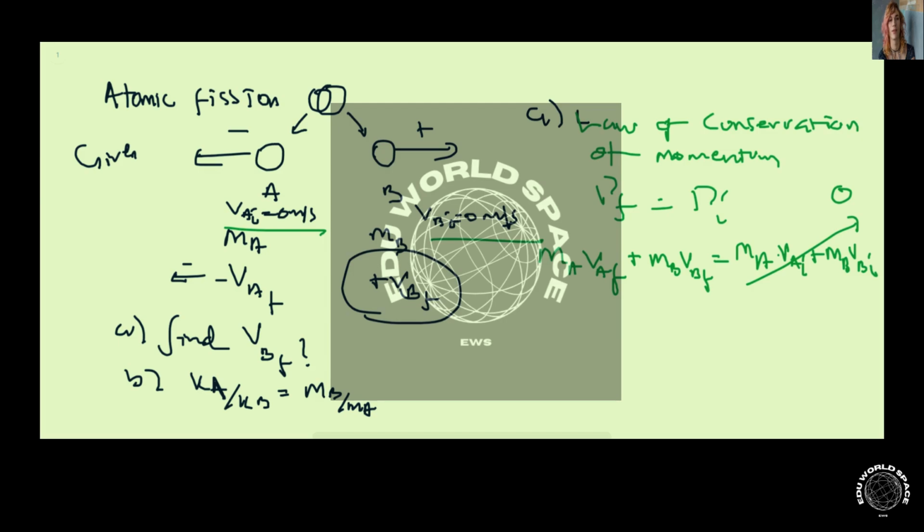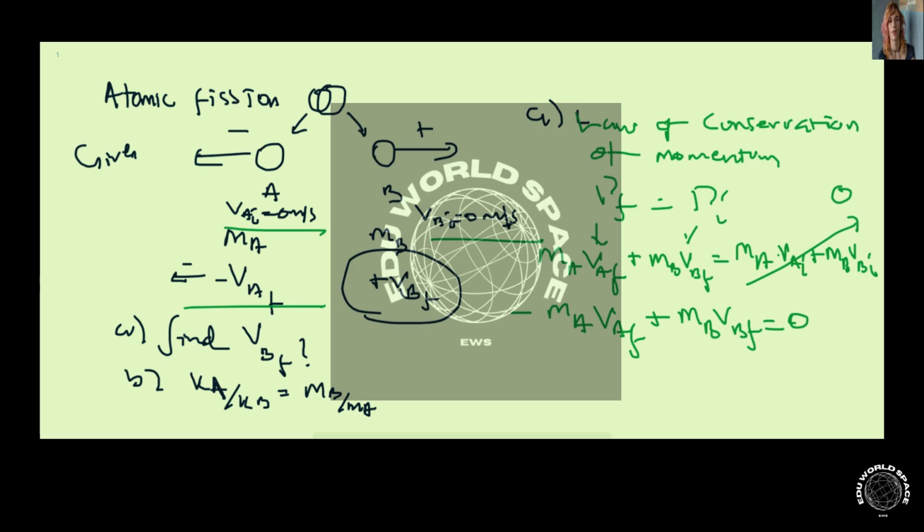The velocity of A is a minus because it moves in the opposite direction. So that's going to change the character of this problem. So you have MA VA final plus MB VB final equals zero.